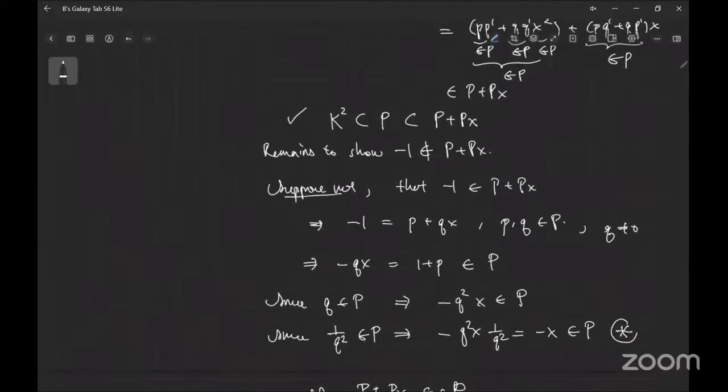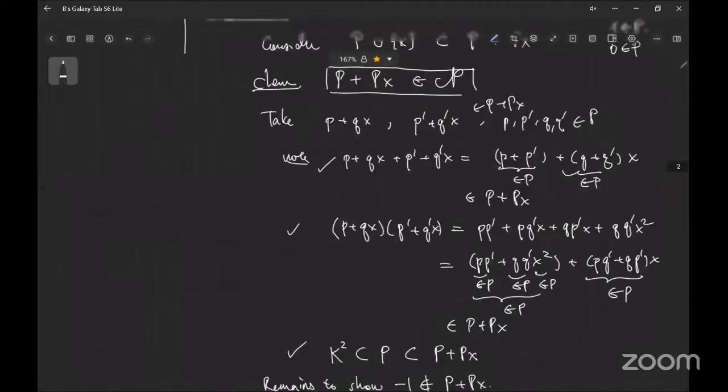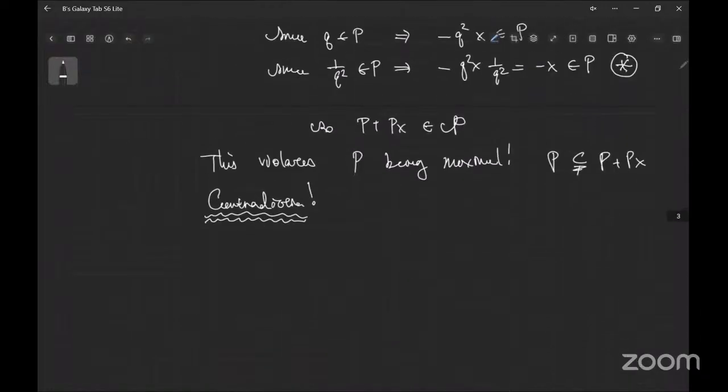So this contradiction is this contradiction, double underline. Okay. So now we got this. We have the union of P and minus P is K. Great. So P union minus P is K.